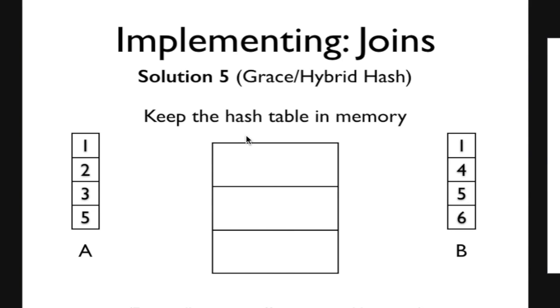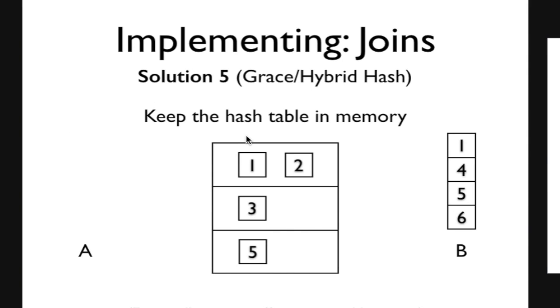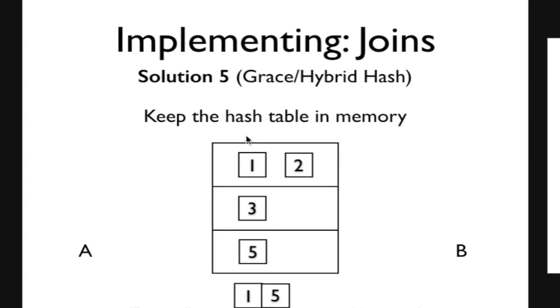Now, there is an observation that this wasn't necessary. You didn't necessarily have to go through all of this trouble. If you could keep the entire hash table for one of the two relations in memory, you can build a hash table for that one relation, and then as you're scanning through the elements of the other relation, you can join those elements against the elements in the hash table that you've just created.